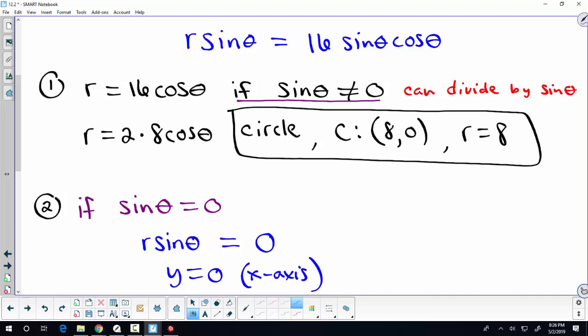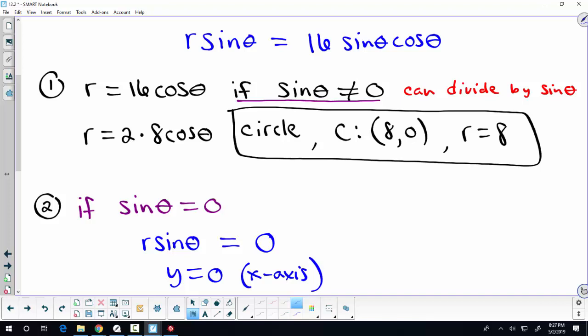Are you saying that it can describe either one of those, or describes both of them? Both of them simultaneously. Oh, so it depends on what sine is. As long as sine is 0, we have the x-axis. Any other values of theta that don't make sine 0 will give us a circle.